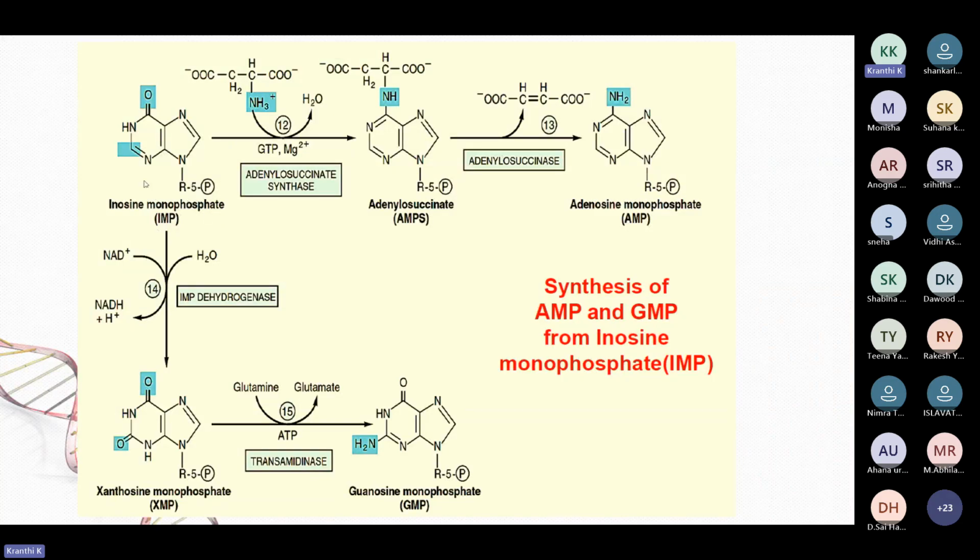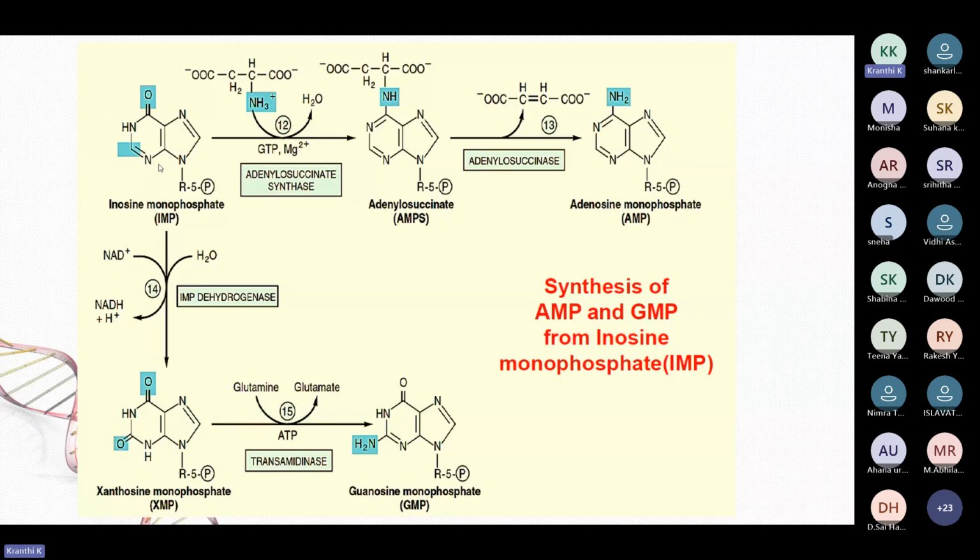Initially, IMP formed, inosine monophosphate, right? Means ribose sugar and two rings. Then it converted using the adenylosuccinate synthase enzyme to the AMPS, and from the AMPS, adenylosuccinate to AMP.